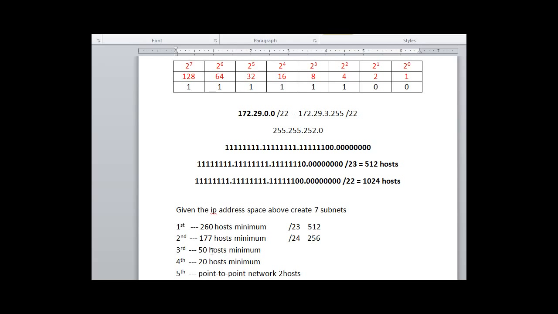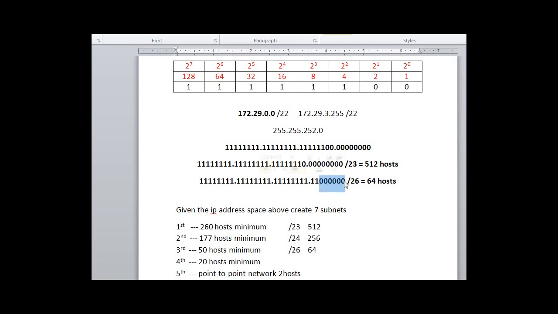For 50 hosts minimum, all we need is, let's see here, we change these to ones. And in the last octet, if we made this, let's count the ones, /26, right? That would give us 64 hosts, okay, if we had this scenario. So /26 will give us 64 hosts. Okay, how come?